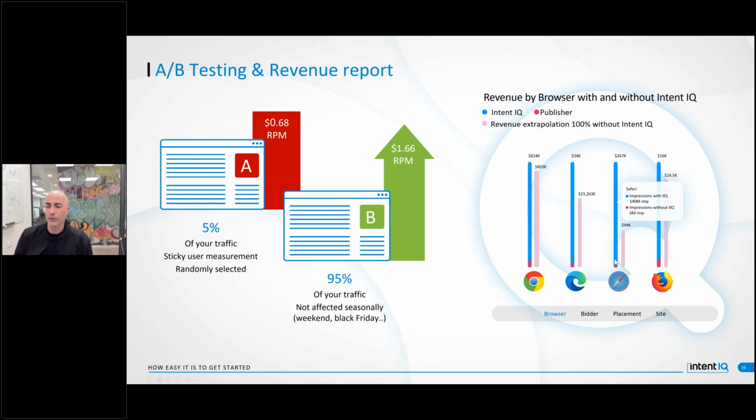On the left side of this chart, you are seeing 267K of revenue generated by running 95% with the IntelliQ. So this is 95%, okay? It's not the extrapolation, it's the actual data. From 95% of using the IntelliQ, that publisher, that partner was generating almost 3x, which is high enough, you can agree, right?